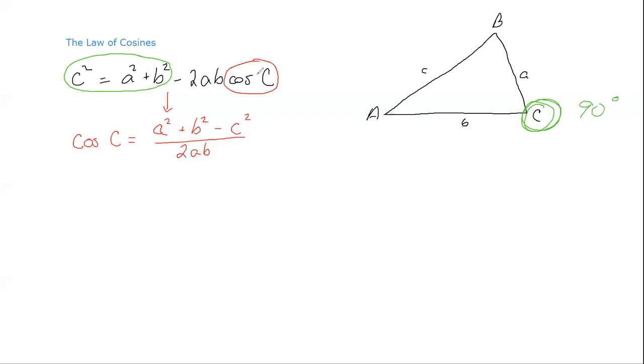If you ask yourself, what is the cosine of 90 degrees? Well, that's just equal to 0. And what's going to happen is, in a right triangle, with this cosine being 0, you're going to lose this expression right here, and you're just left with the Pythagorean theorem. So in essence, the Pythagorean theorem is really just a special case of the law of cosines.